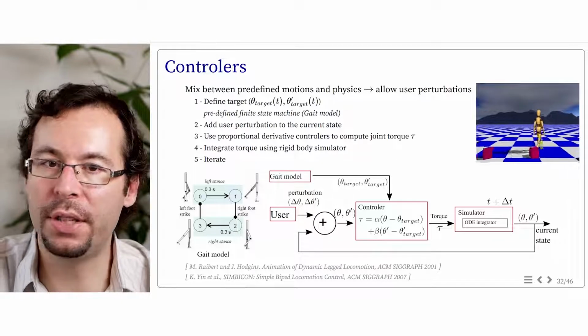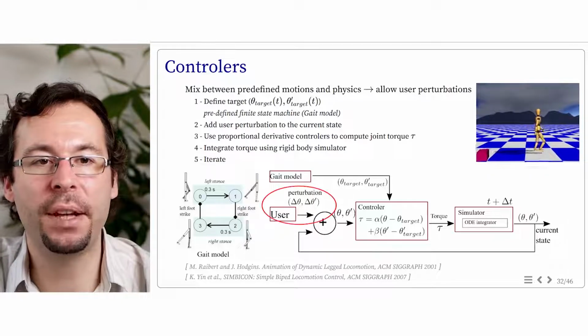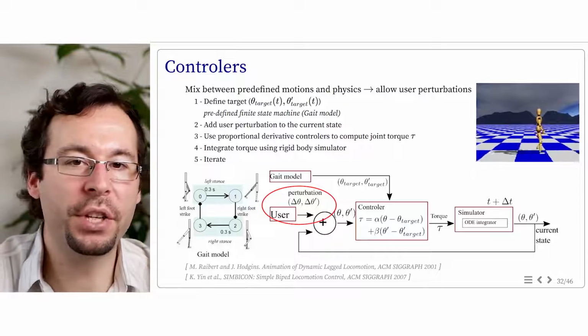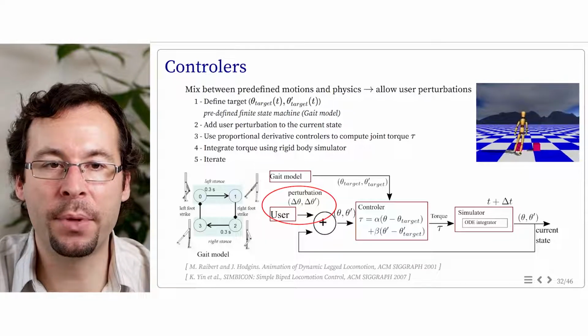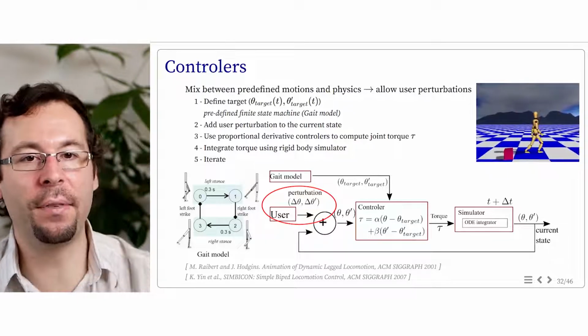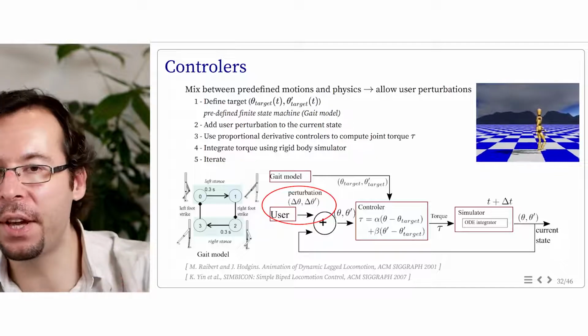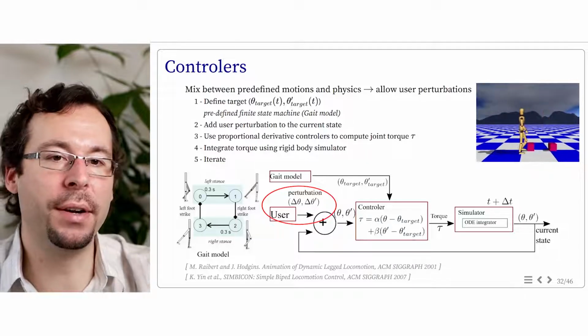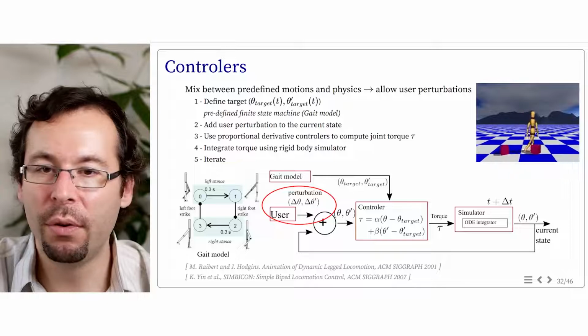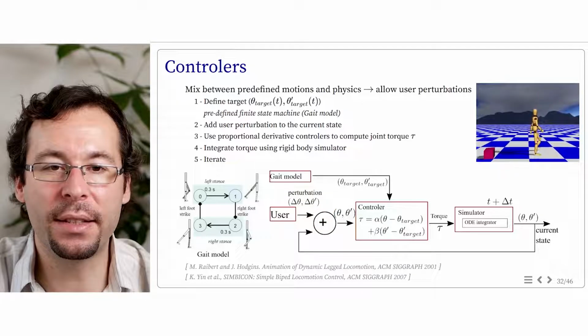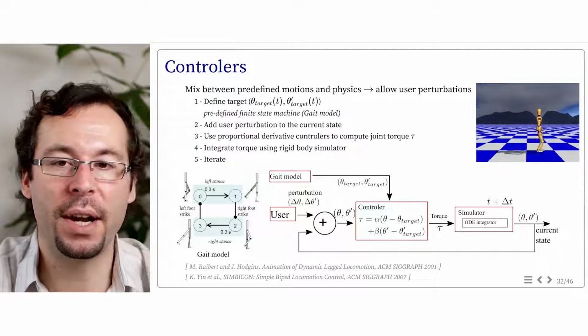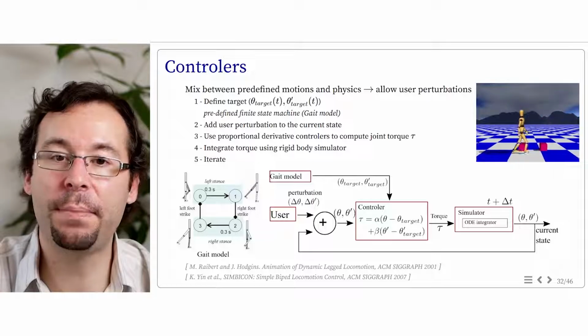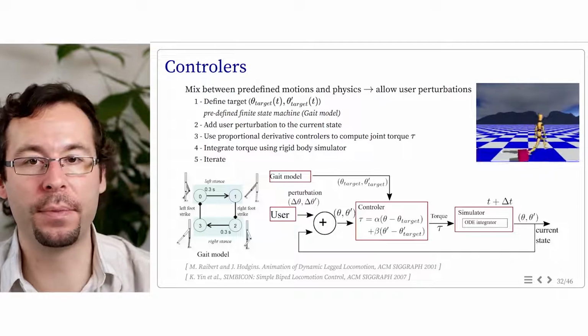But the user or the environment adds some perturbation. This perturbation acts as constraints on the position of the character, and therefore they can be expressed as some modification on the current angle and velocity of the joint. We call this perturbation delta theta and delta theta prime, and we add this perturbation to the current pose.